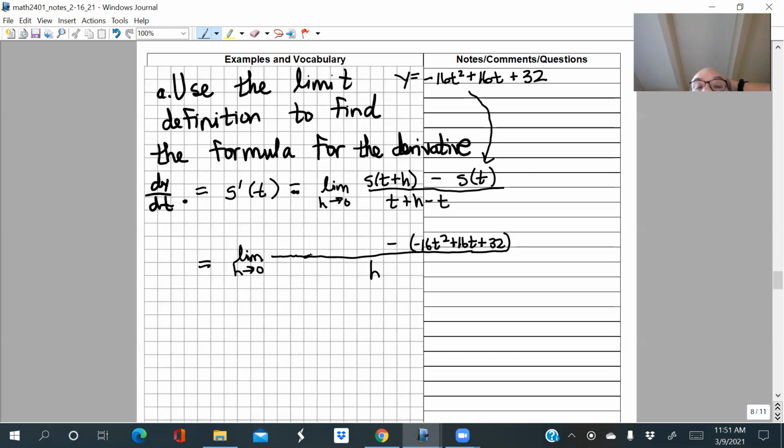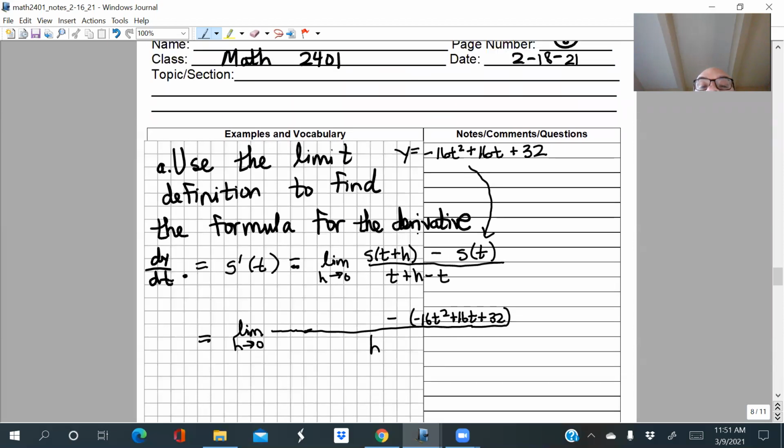All right, now, okay, so all of this was kind of easy. Here's the hard part. We have to calculate s of t plus h, right? So I have to fill in t plus h into this formula. Now, if you want to, you can do that right here as part of your limit calculation, but I'm going to be a little bit careful, and let's do that off to the side if I can find some room. So let me scroll way back up here, and up here I'm going to calculate s of t plus h.